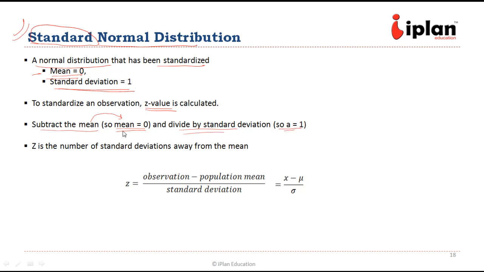Based on this manipulation, we get the value of z, which is the observation value minus population mean, divided by standard deviation. So by subtracting mu, we are making the mean 0, and by dividing by the standard deviation, we are making the standard deviation 1. In other terms, as I said earlier, z is the number of standard deviations we are away from the mean.